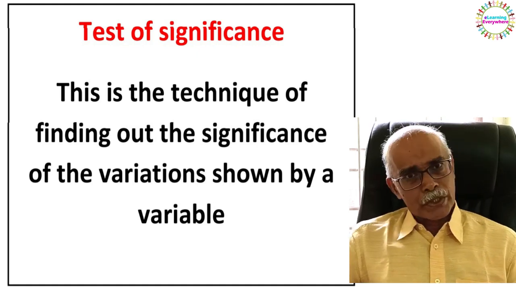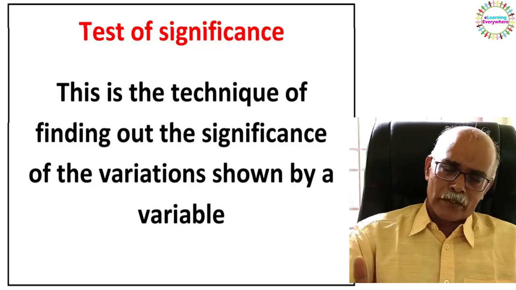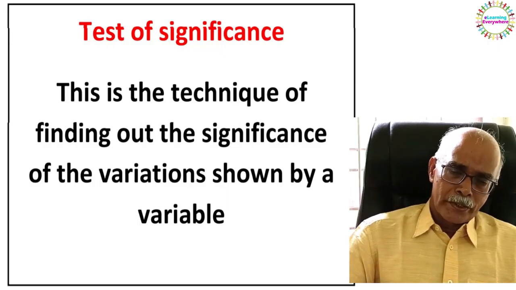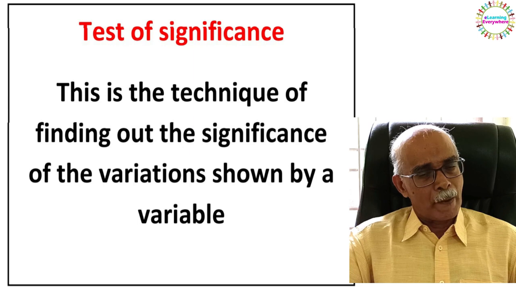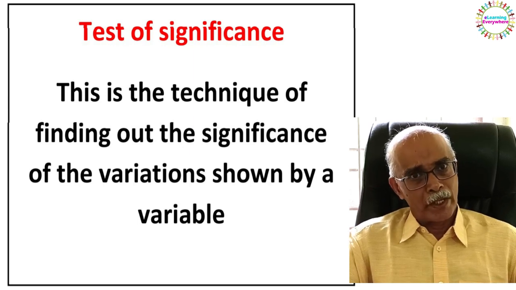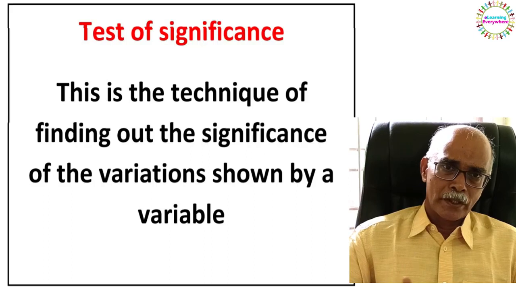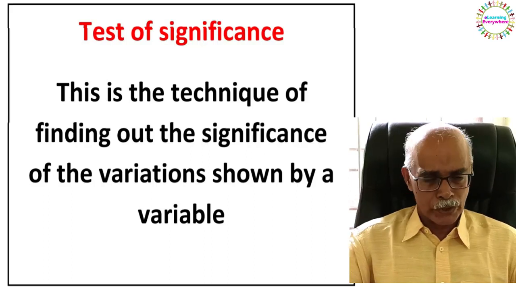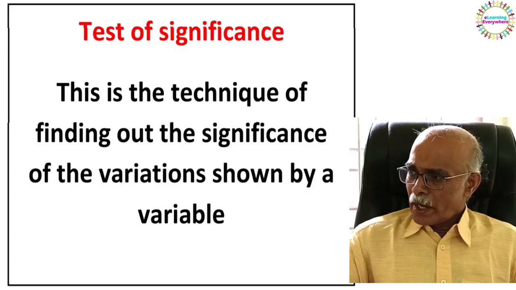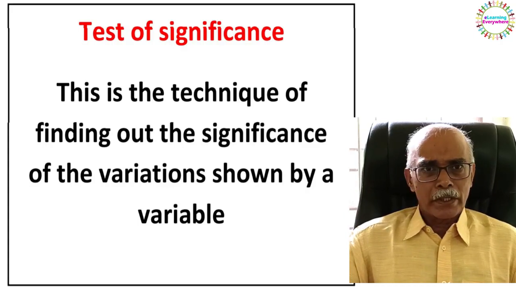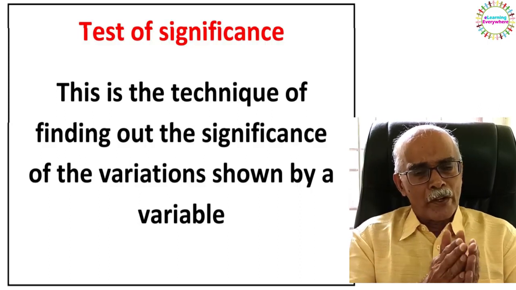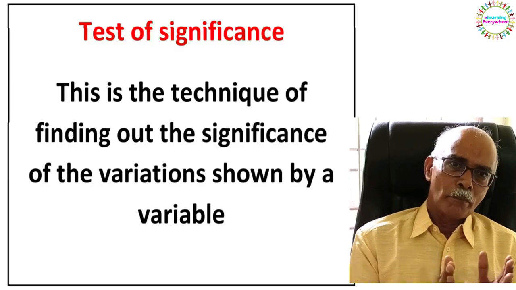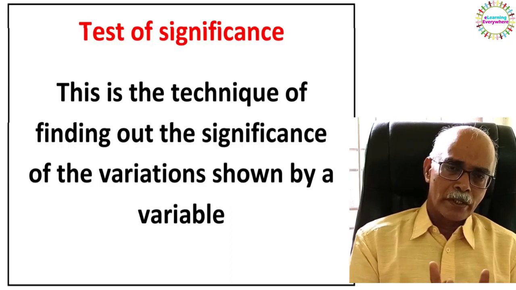And there are several tests used under different situations. T-test, Z-test, chi-square test, F-test, etc. Some of them. And they are used for different purposes and under different situations. And to test the significance of variation between population A and population B, or sample A and sample B, you have to study the properties like central tendencies and variations first.